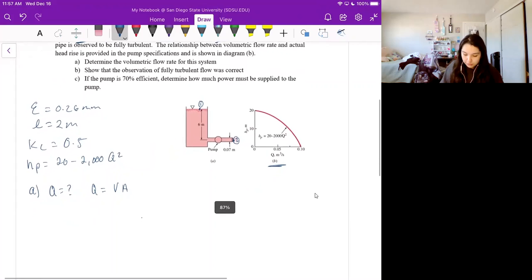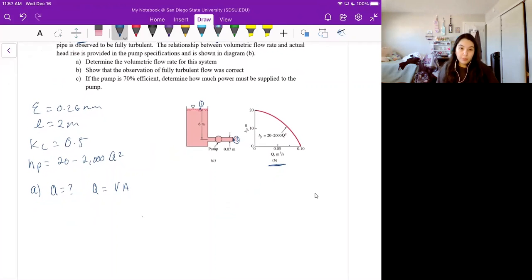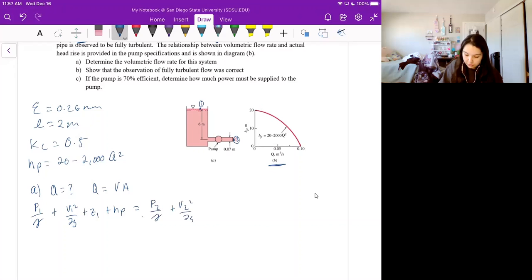And from here, we're going to be using the pump performance equation, which is P1 over specific weight plus V1 squared over 2g plus Z1 plus head rise is equal to P2 over specific weight plus V2 squared over 2g plus Z2 plus head loss.